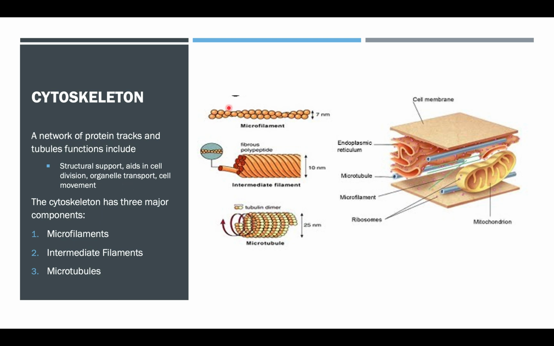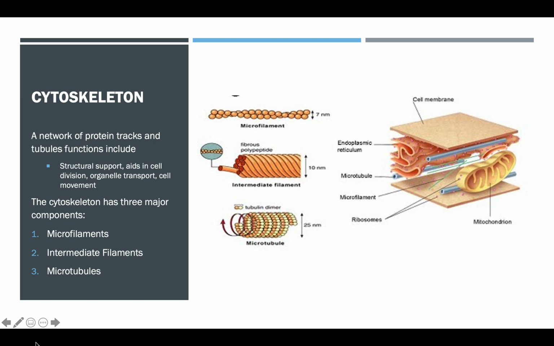Their functions include structural support, aiding in cell division, so when a cell divides, they aid in that, and transporting organelles and cell movement as well. The cytoskeleton has three major components. Right here, they have microfilaments, intermediate filaments, and microtubules.